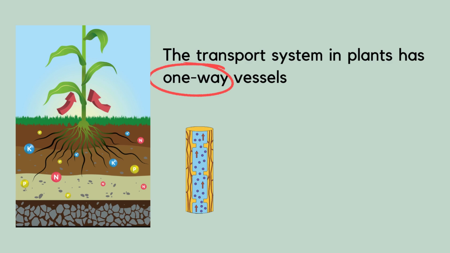As here in the xylem, as you see, it has one direction. The nutrients and water are transported from the roots through the xylem to the leaves, okay? So this is one-way vessels, okay? So the transport system in the plants has one-way vessels, okay? This is all we want to know about the plant transport system or plant vascular system.